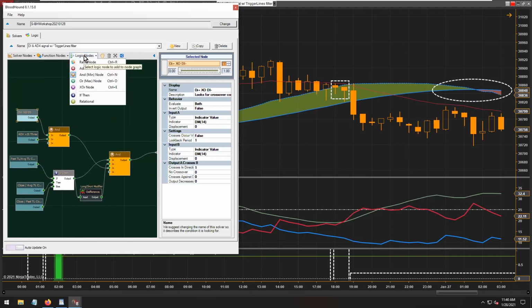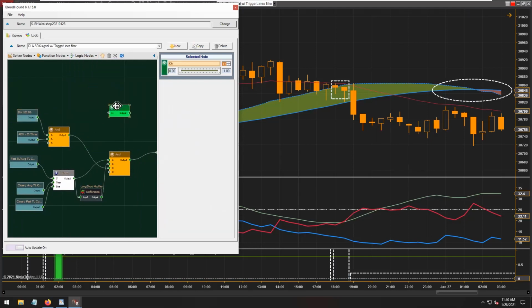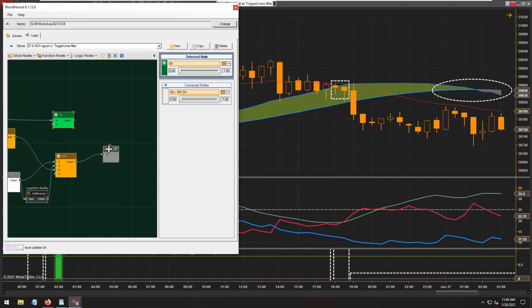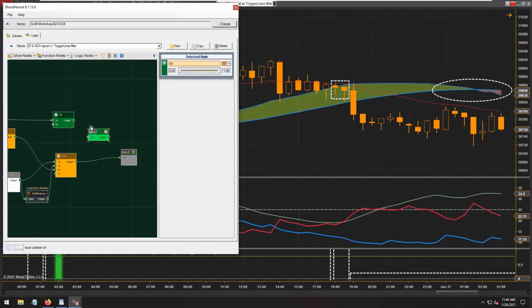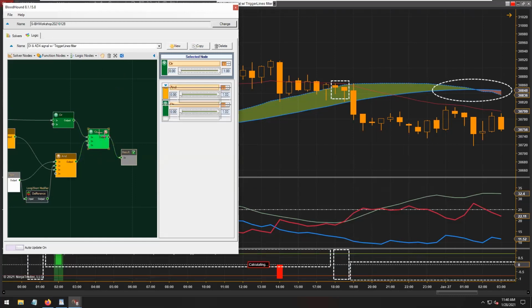Let's use a little trick for you guys. I'm going to take an OR node, connect that in there, and then grab another OR node, connect those two together, and take this AND node into the OR node.